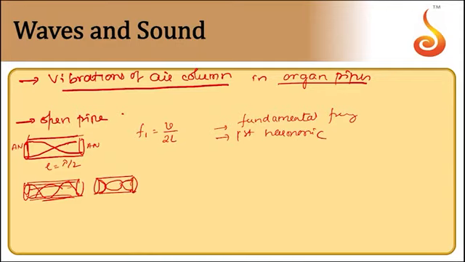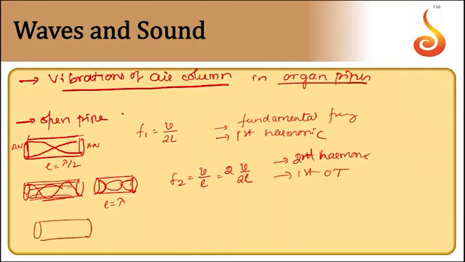This is L is equal to lambda. So F2 is equal to V by L, or say this is 2 times V by 2L, and this is second harmonic or first overtone.